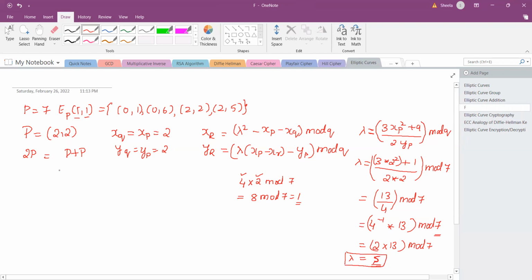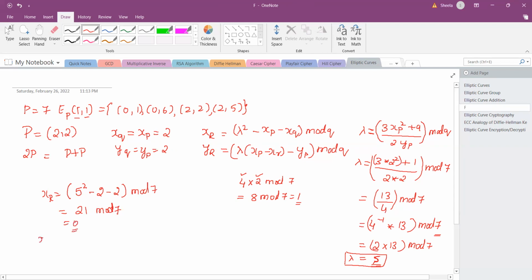Now find xr and yr. So xr is nothing but lambda square, which is 5 square, minus xp which is 2 and xq which is also 2, mod 7. That is 25 minus 4 is 21 mod 7, which is nothing but 0.